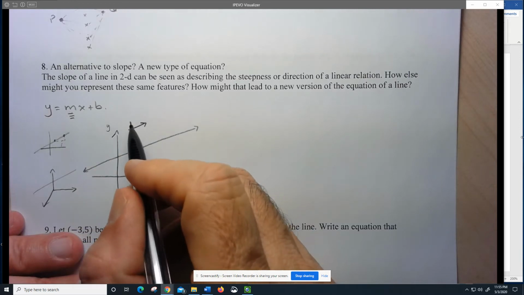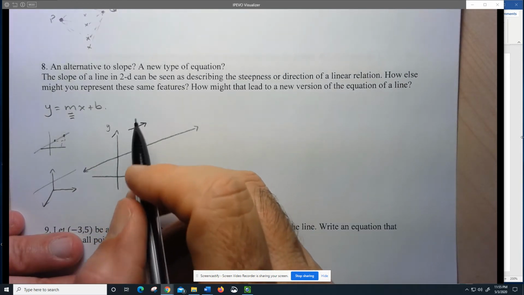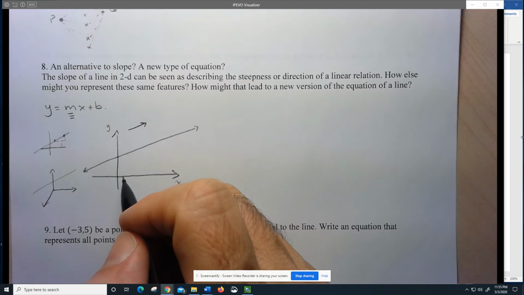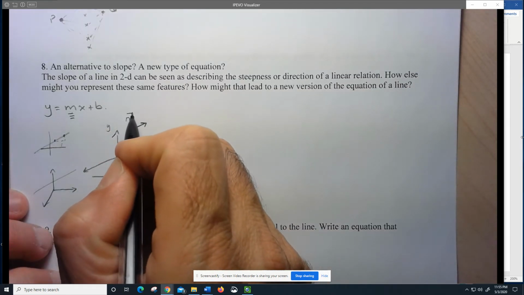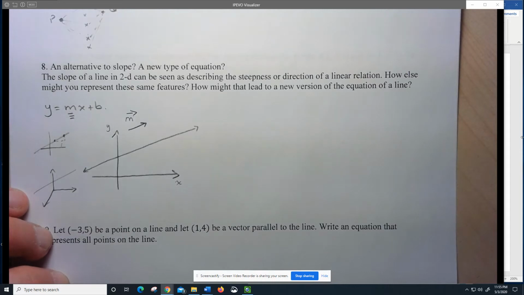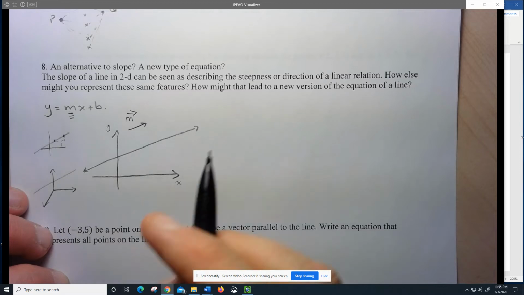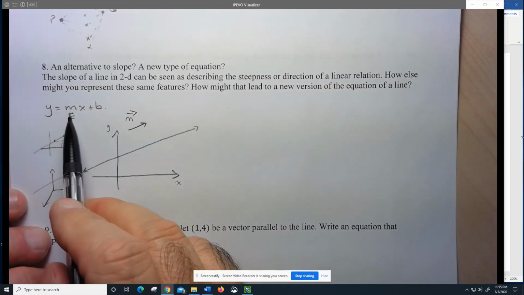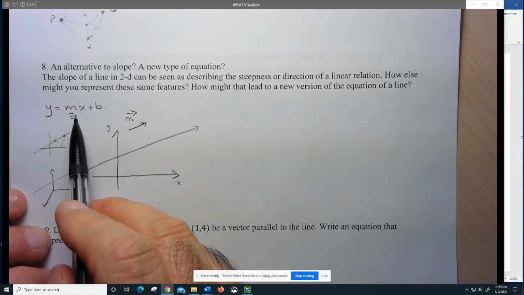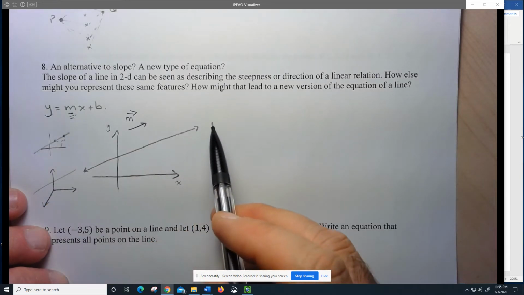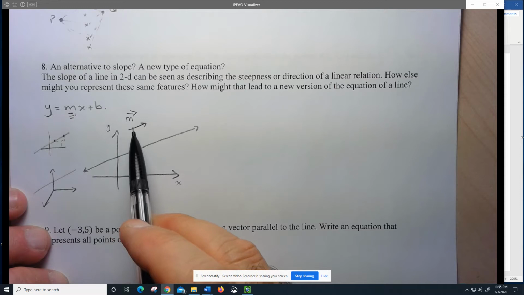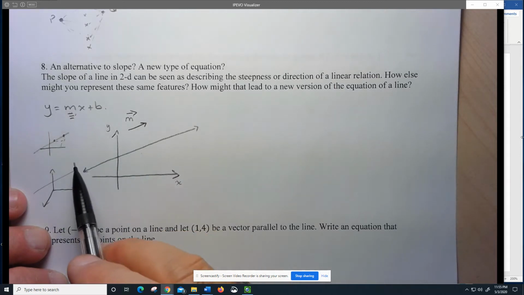And because it has a very similar use as the slope, I'm actually going to use m as the symbol for that vector. All right. So instead of using this ratio, which represents how y changes with respect to x, to represent the direction of the line, I'm going to use a vector that's parallel to this line.